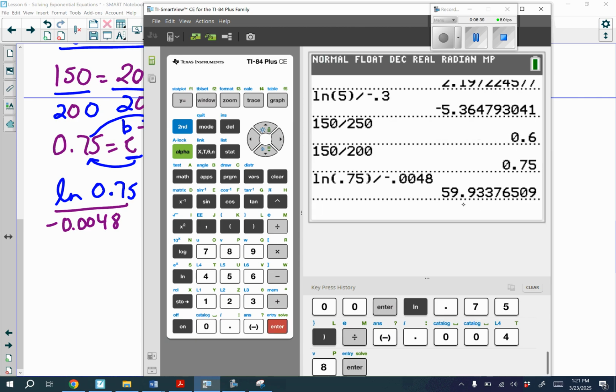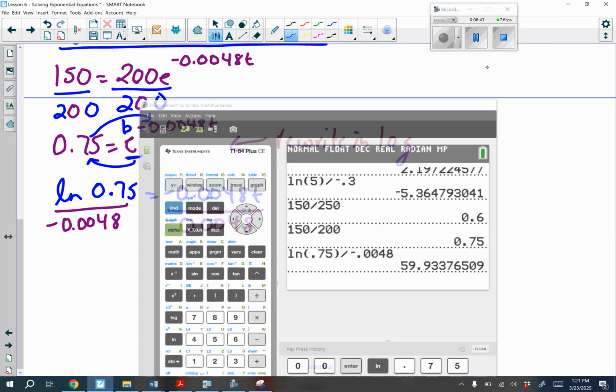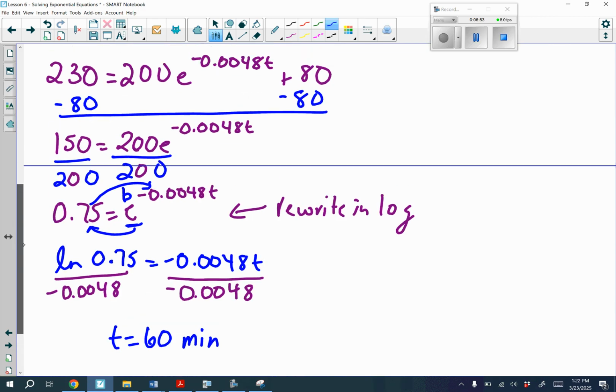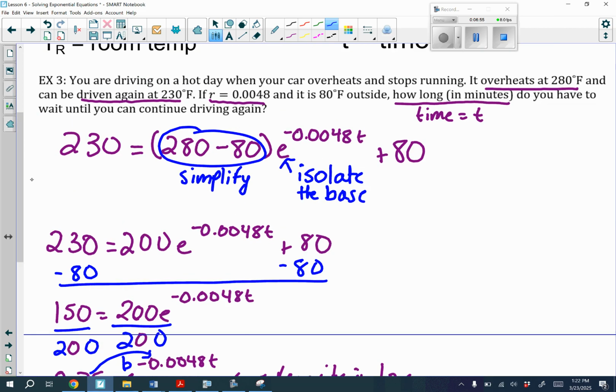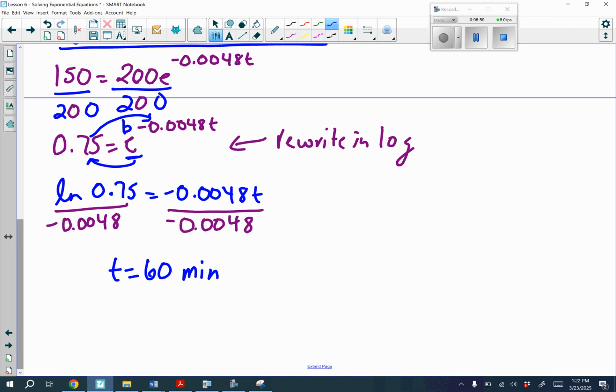We can round to the nearest minute, because that's what we want here. So it looks like it would take about 60 minutes. We use minutes because when we go back to the problem, our units are in minutes. So it takes approximately 60 minutes for the car to cool down from 280 degrees to 230.